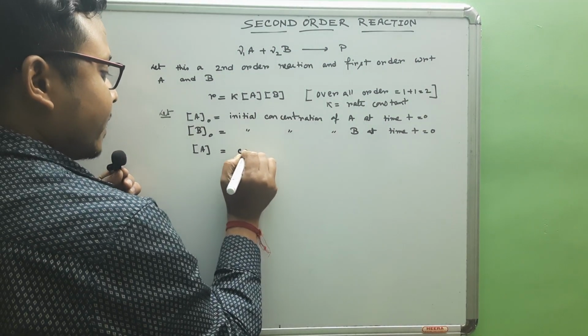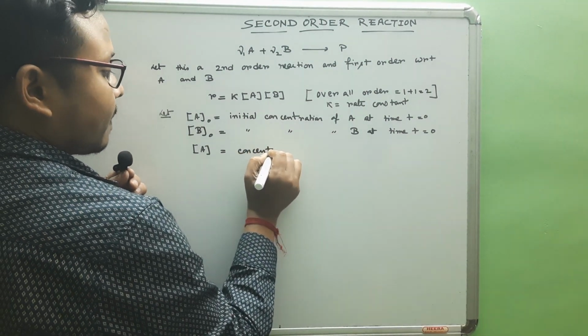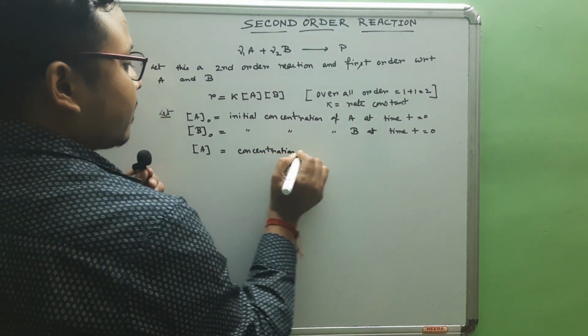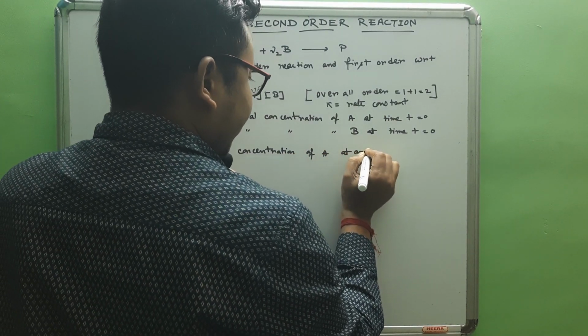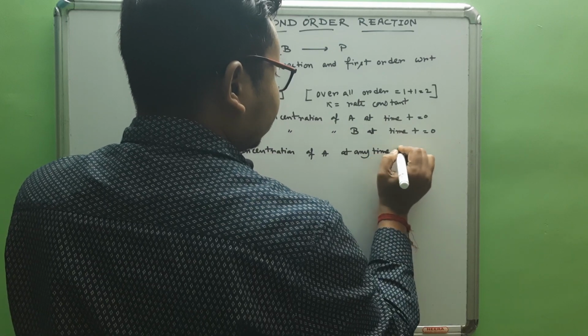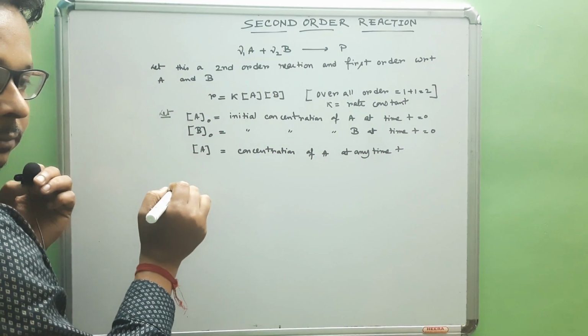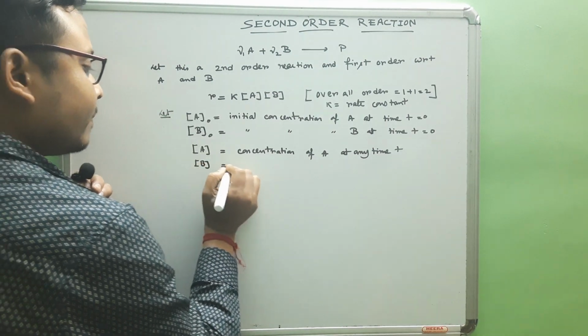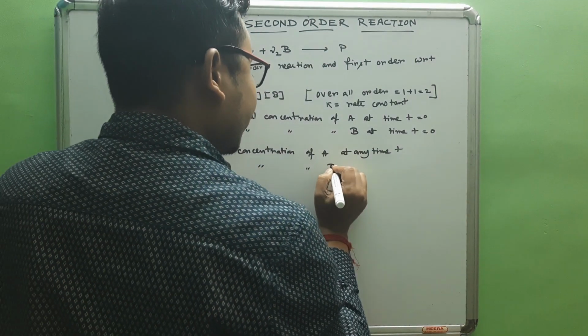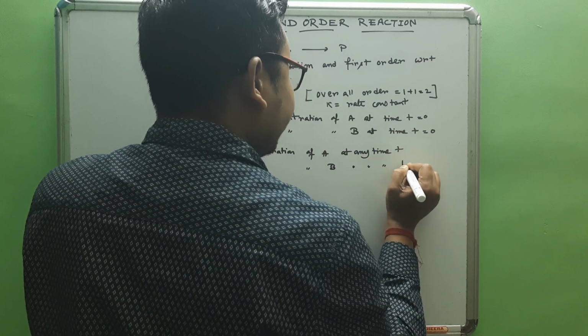A is the concentration of A at any time t, and B is the concentration of B at any time t.